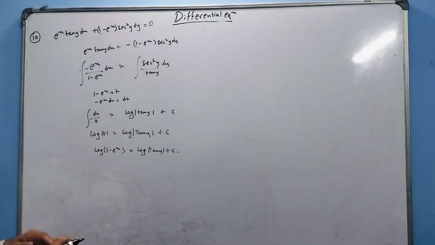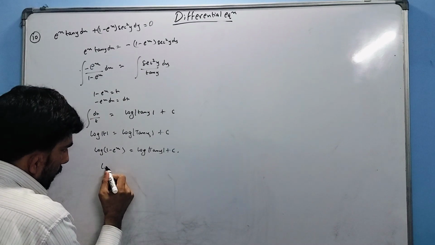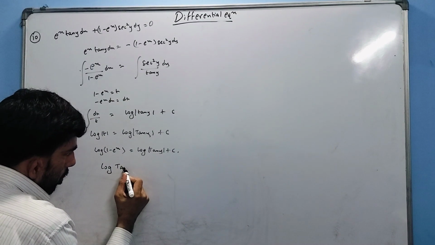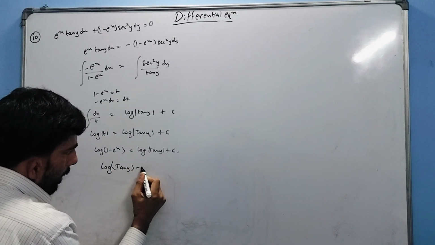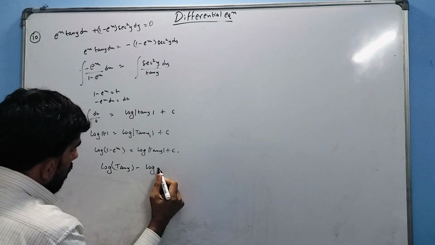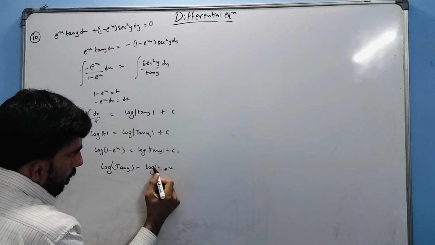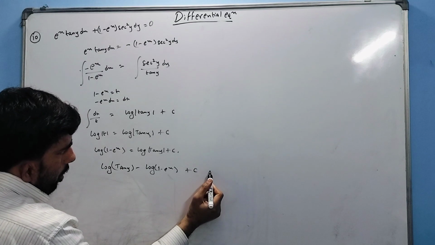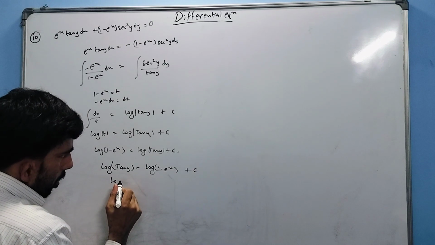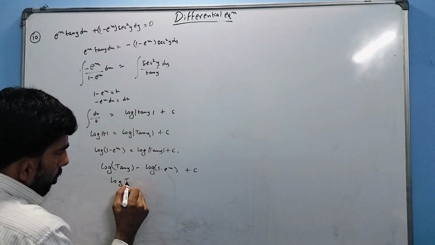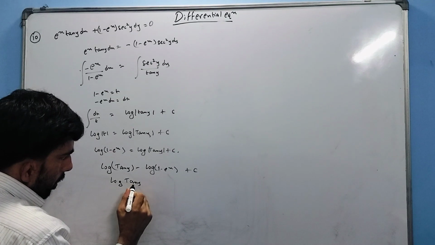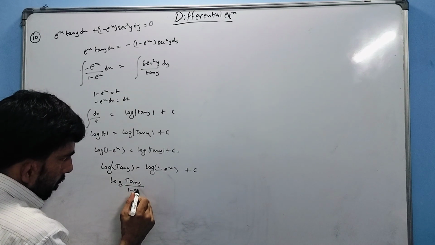Okay, I got this. Here what we can do, I can take log of tan y minus log of 1 minus e^x equals c. So we can write log of tan y upon 1 minus e^x.